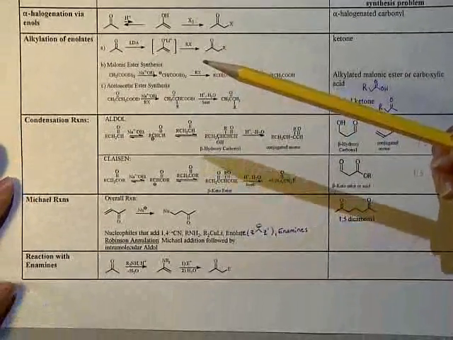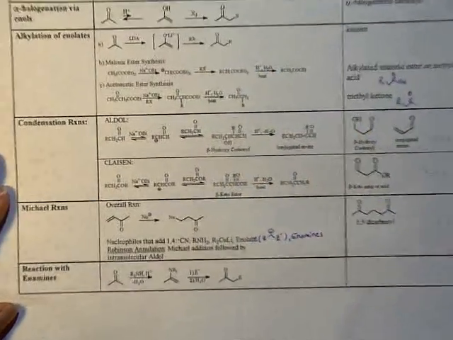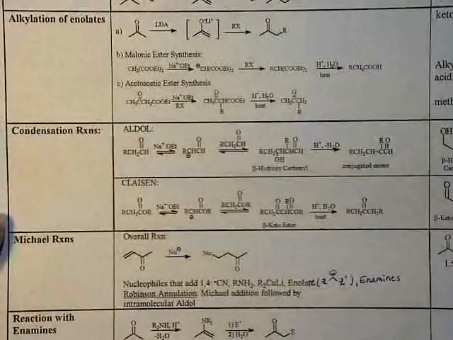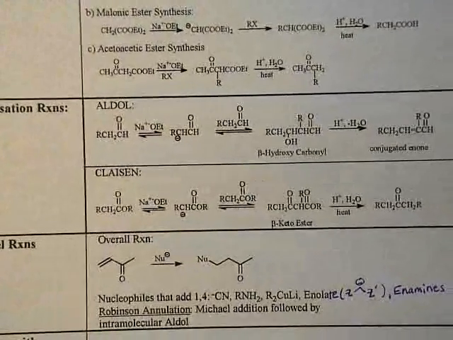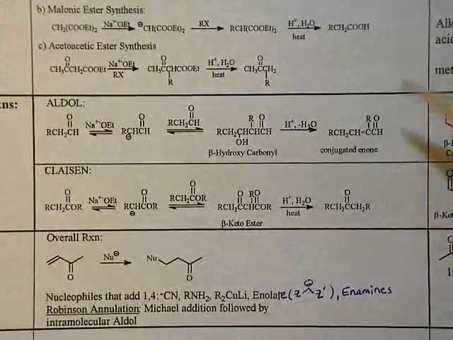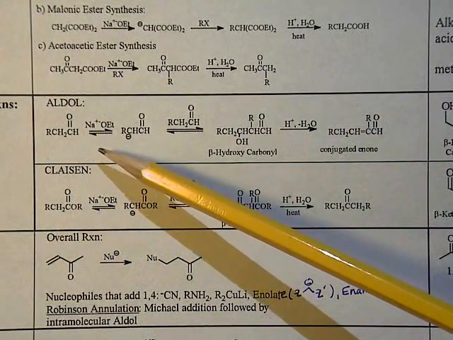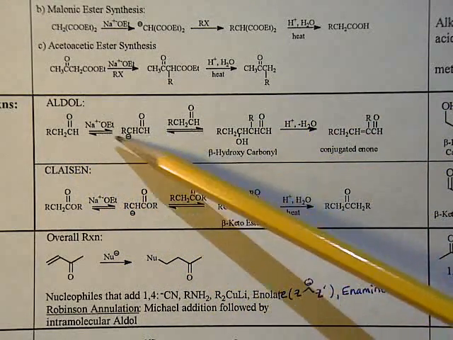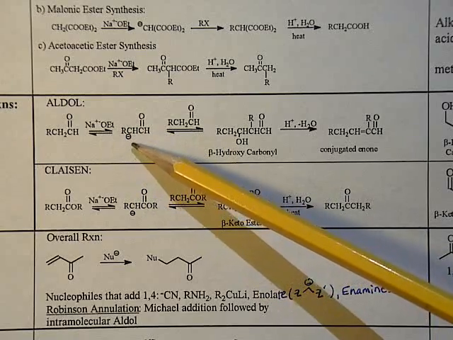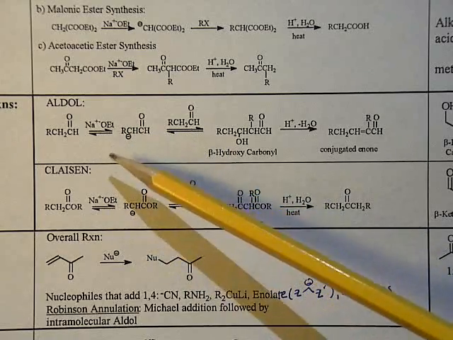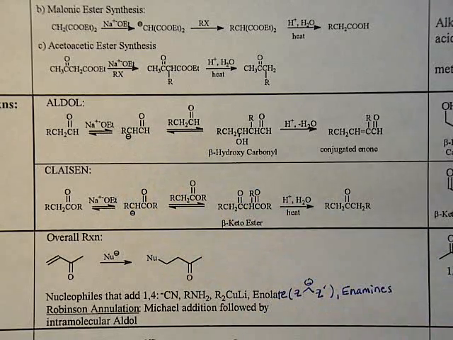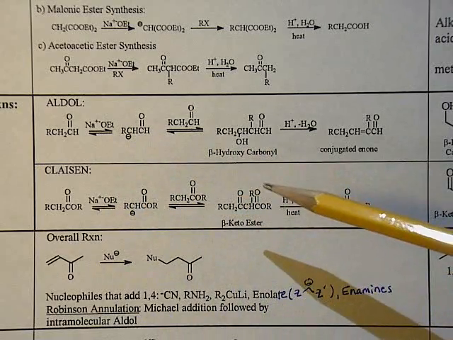All right, and then as far as condensation reactions go, we went over aldol, which is aldehyde. So this is showing you an example of a self-condensation of an aldehyde, but you know that there's a crossed aldol as well, but they do similar chemistry.